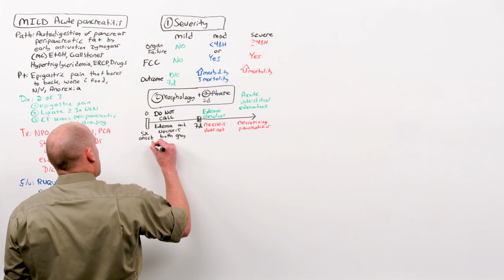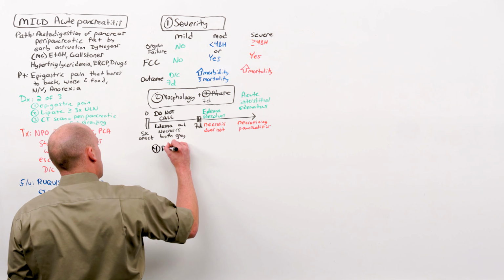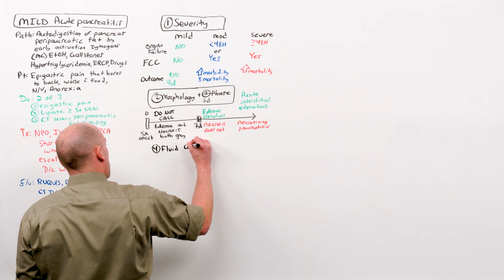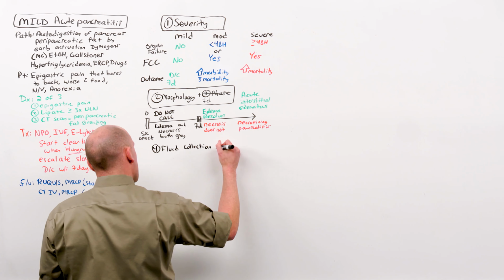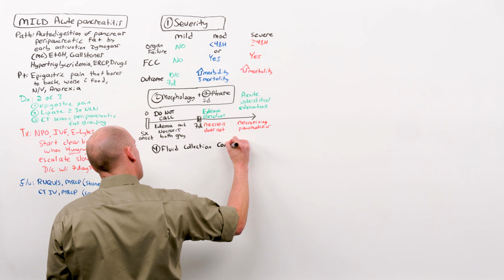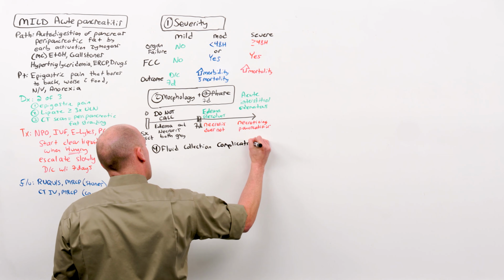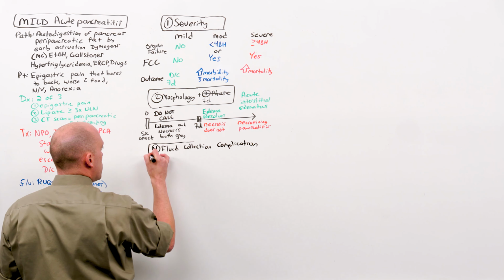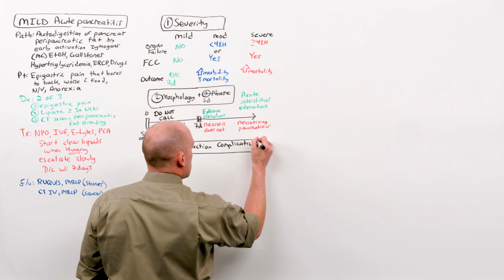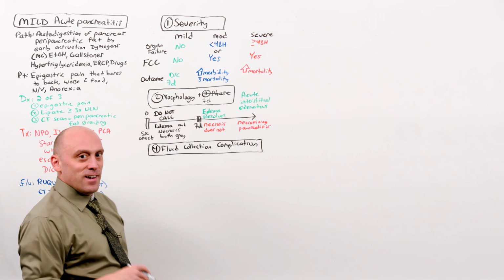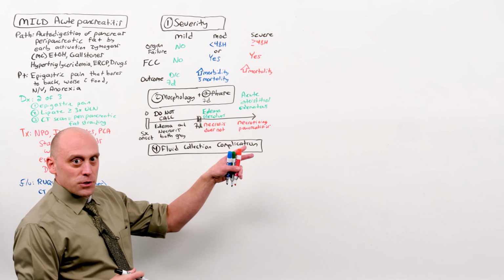The 4th is the presence or absence of fluid collection complications. Here's why you see the FCC pays off. Thankfully, it is a convoluted concept, but it actually just comes down to being a certain age and affiliated with the morphology.